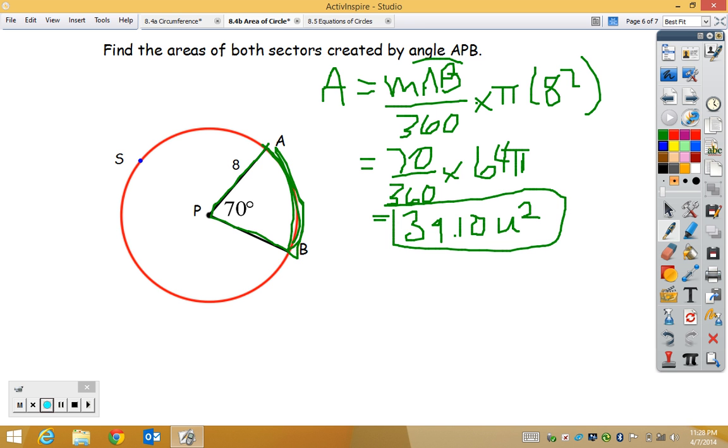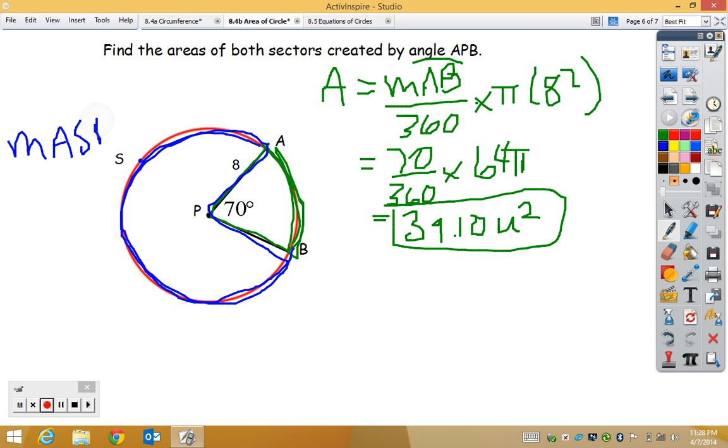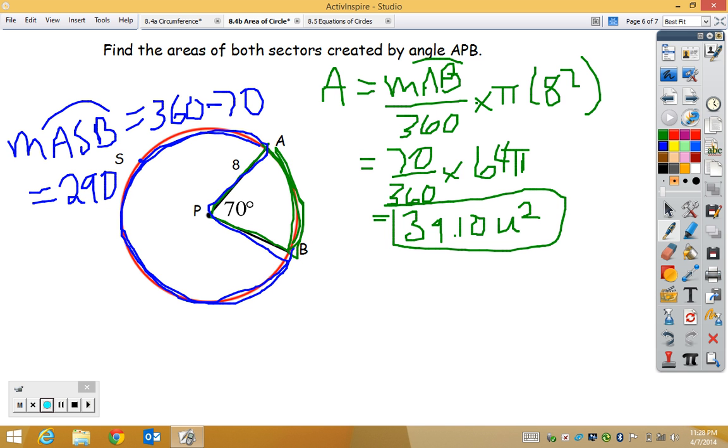Okay, and secondly, we want to find this region, this sector, the Pac-Man looking one. And because we know that arc AB is 70, the measure of arc ASB equals 360 minus 70, so that equals 290.